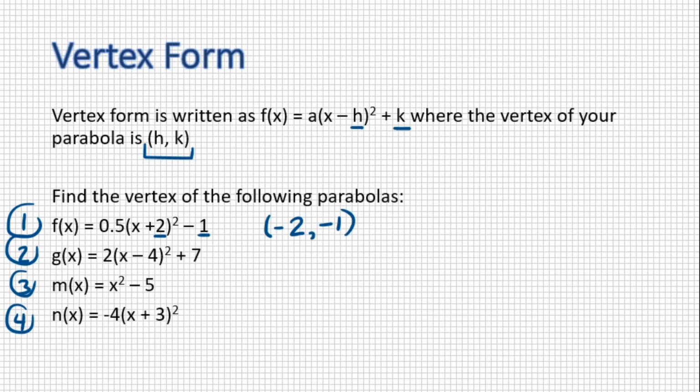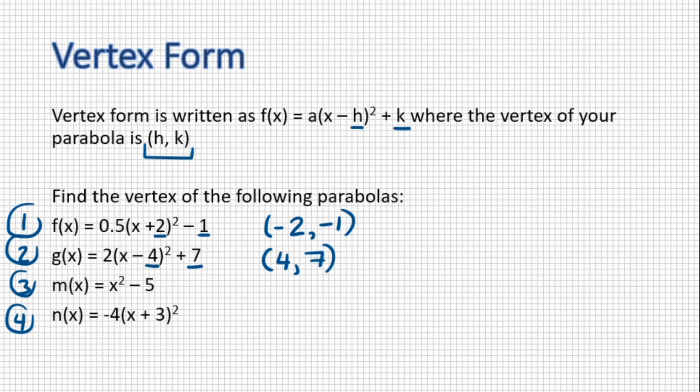Looking at my second example, h, k, (4, 7). So flipping the sign of the x and not messing with the y. Number 3, x squared minus 5. So this looks a little different.